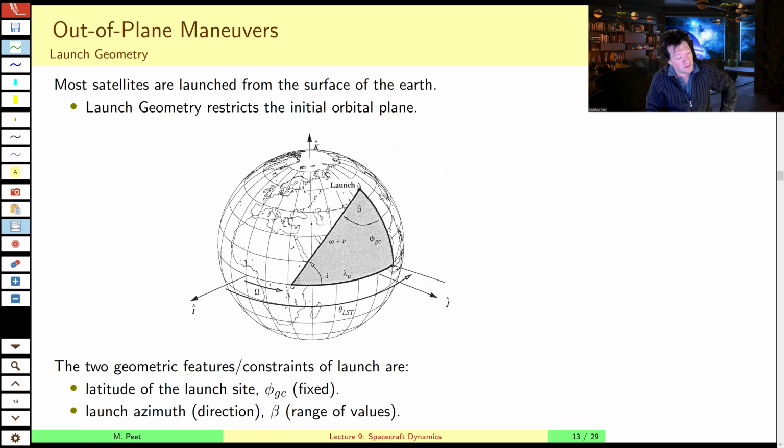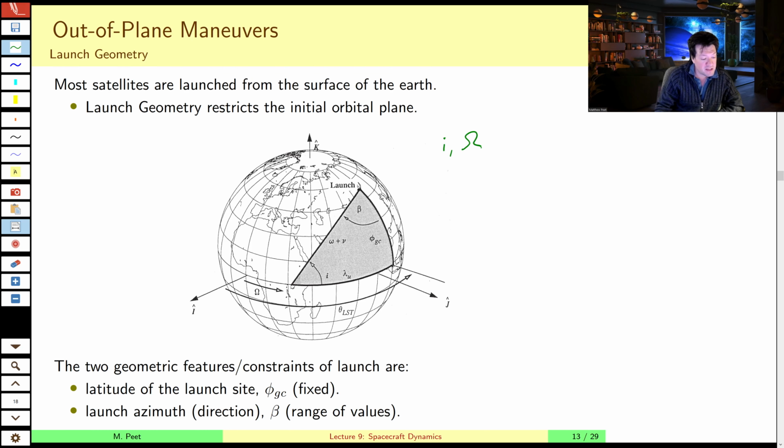So a great deal of effort and time has been devoted to the problem of establishing spaceports in geographically convenient areas. And the reason is because the orbital parameters of your orbital plane, remember, are defined by two orbital elements, specifically the inclination and the right ascension of the ascending node.